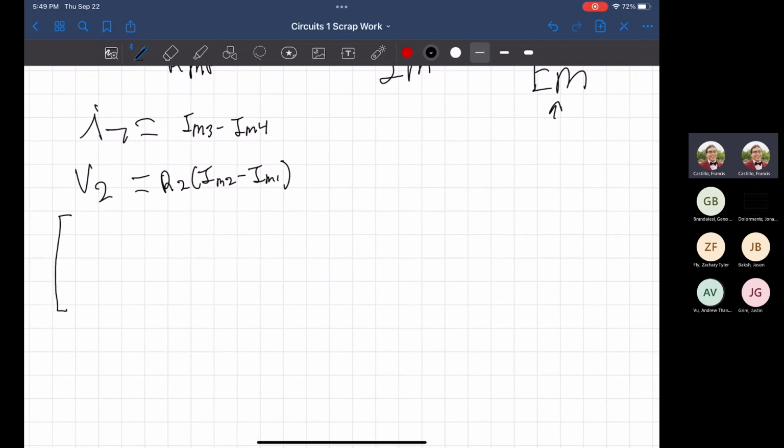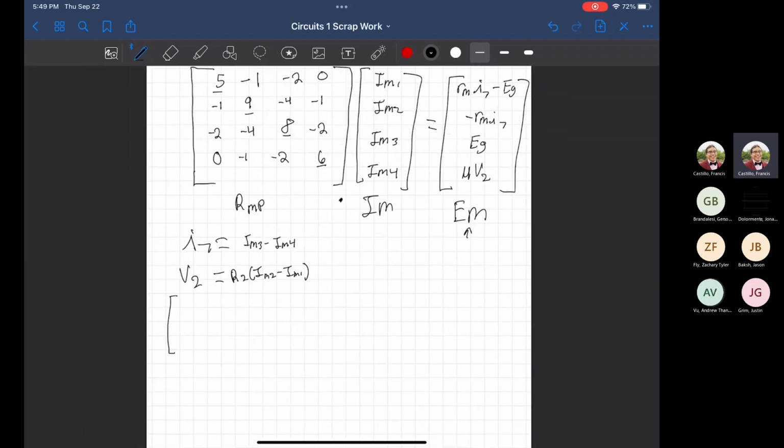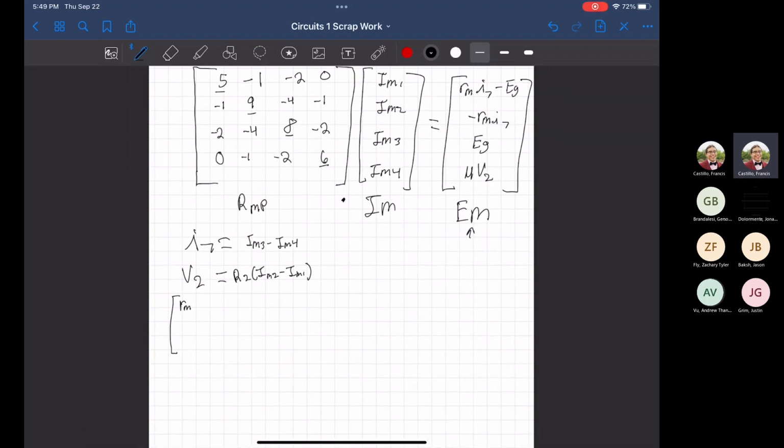So this is what we'll be going from: minus 2, negative R, minus 7.